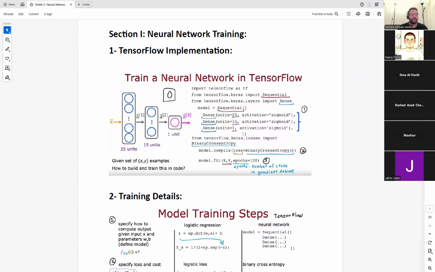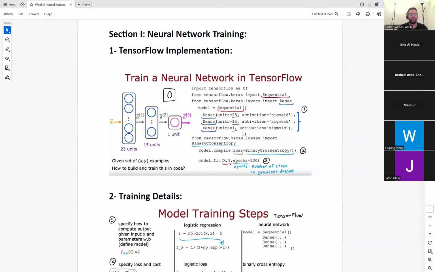This was a small code in Python using TensorFlow that we can create, for example, this neural network structure. So first we import TensorFlow as tf.